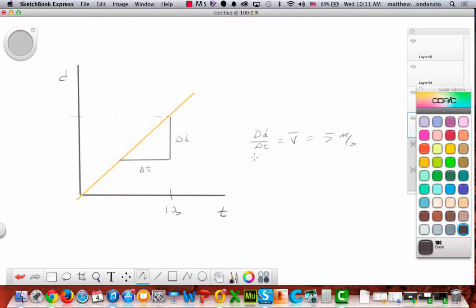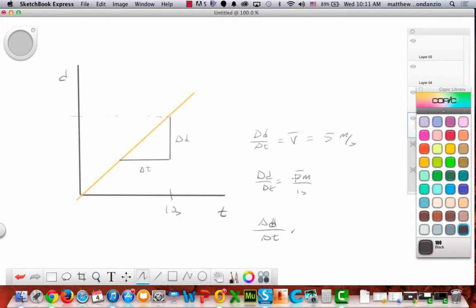All right, well, let's do the math for a minute. Let's look at the math part, okay? So if my delta distance over my delta time is 5 meters every second, and I know my time, and I want to understand my distance. If I had delta d over delta t, and I wanted to get rid of my time and keep my distance, what would I have to multiply this ratio by?